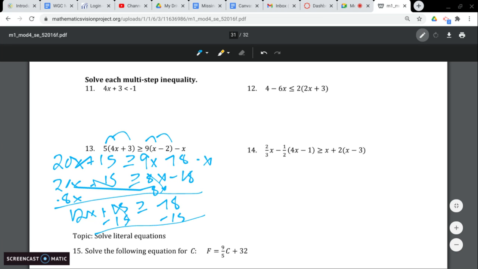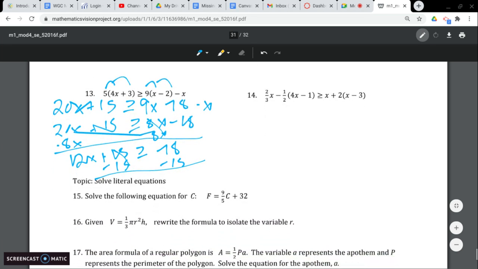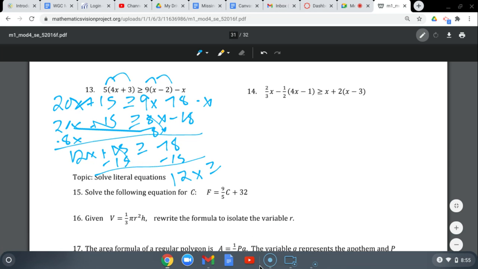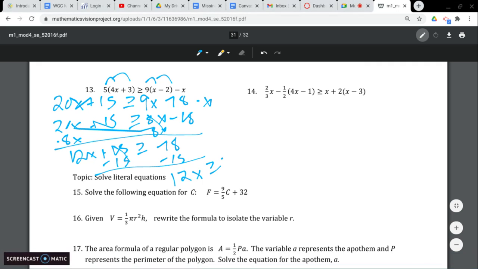So we have 12x is greater than or equal to -18 minus 15. Going to give us a -33. Then we divide by 12.